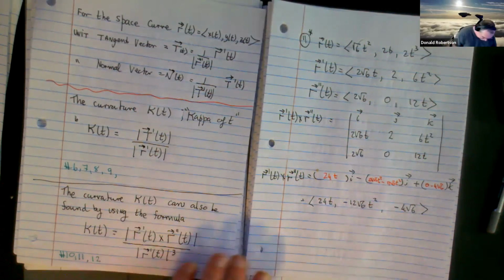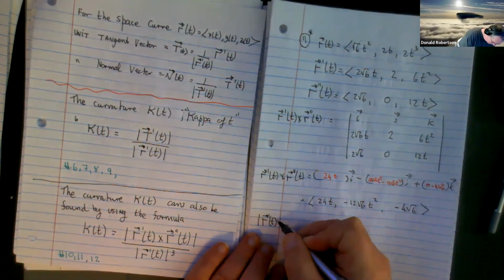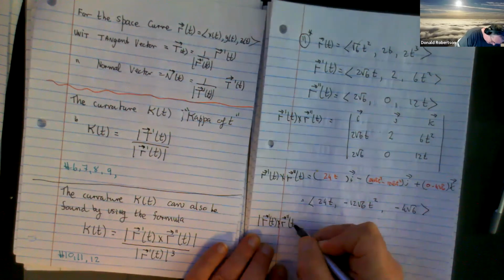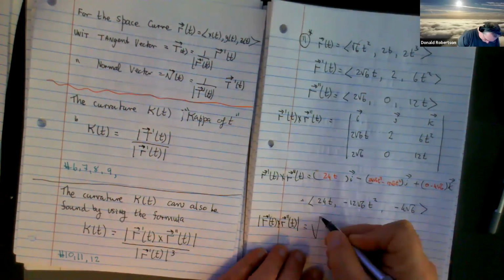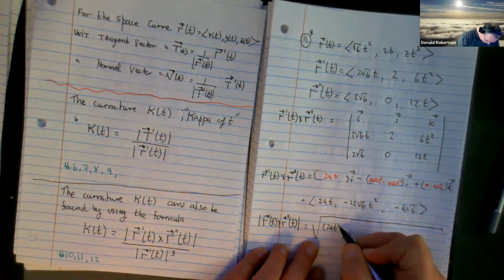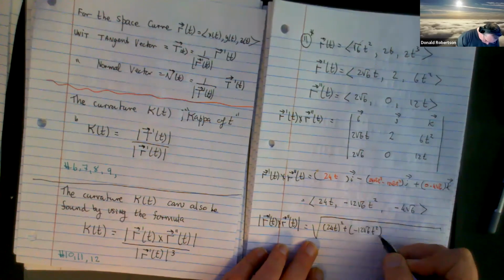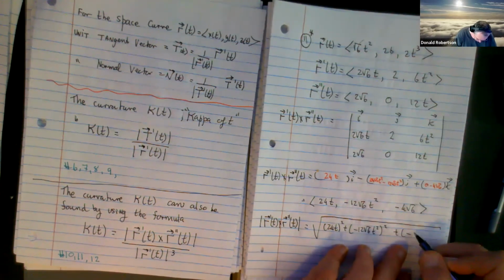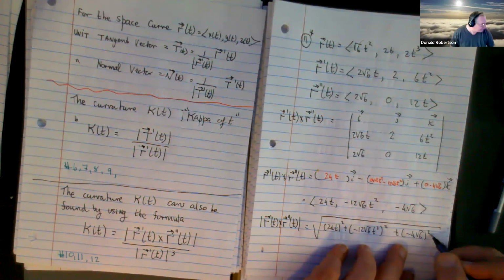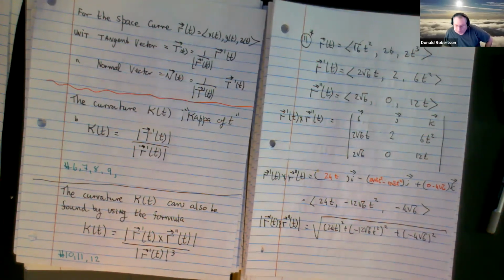Now you find its magnitude. The magnitude of any vector, including this one, is just that squared plus that squared plus that squared. Still okay?